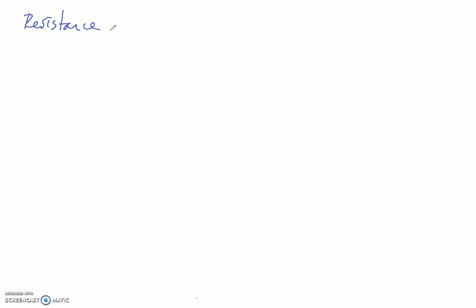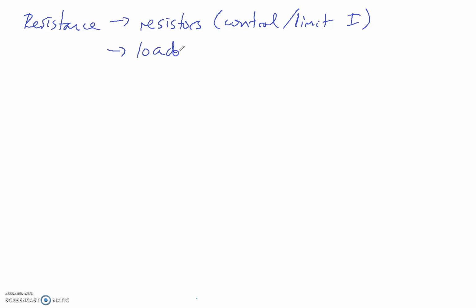Now, when some people think about resistance, they often just think about actual resistors themselves, but resistors are used to control flow. These often control or limit the current. There are also what are called loads, and loads are a little bit different.